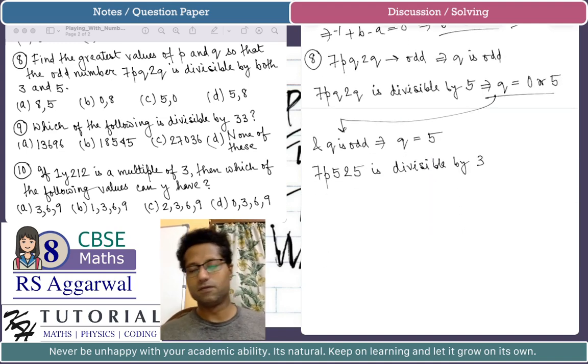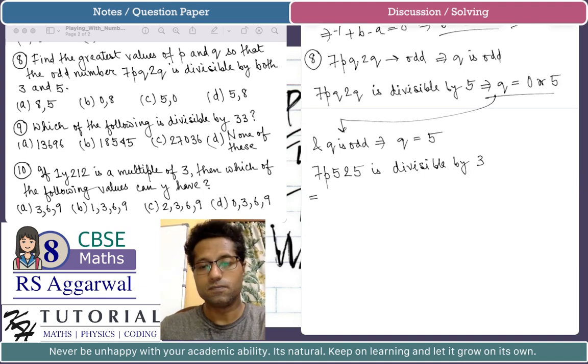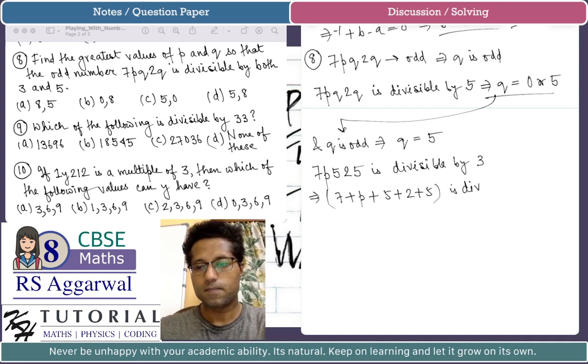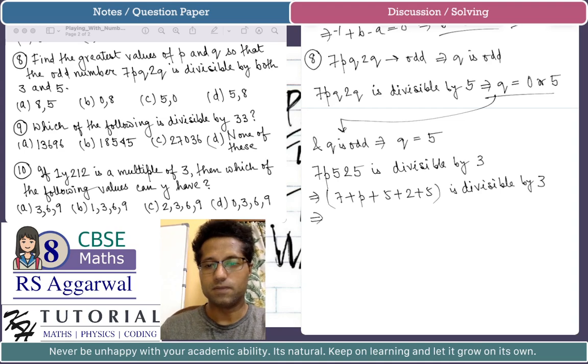Now a number is divisible by 3 when the sum of its digits is divisible by 3. So this implies 7 plus P plus 5 plus 2 plus 5, which is 19 plus P, is divisible by 3.